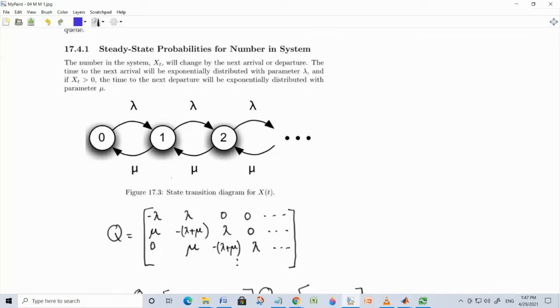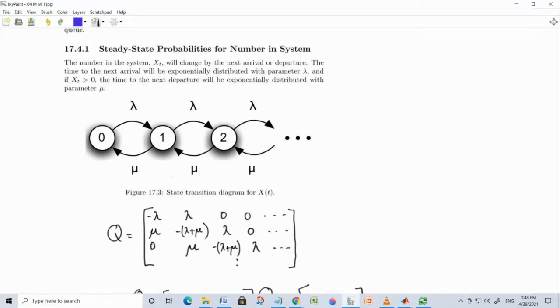To go from state i to state i plus 1, the rate of transition is lambda, and the rate of transition from i to i minus 1 is the service rate: you go to the lower state if one user is done. The rate here is mu, which is the parameter characterizing the service time. The service time here is exponential with parameter mu.